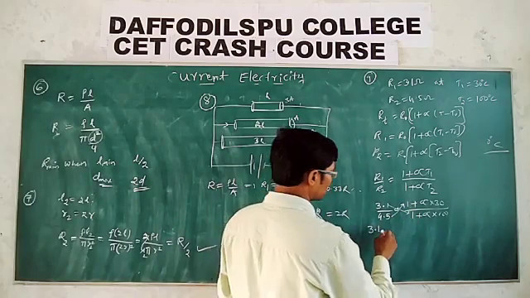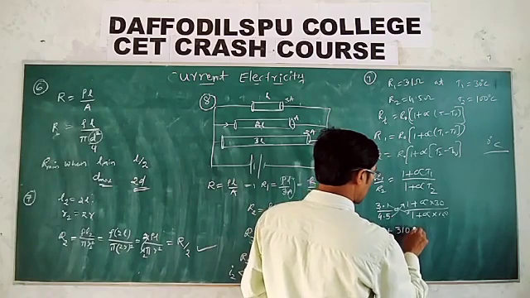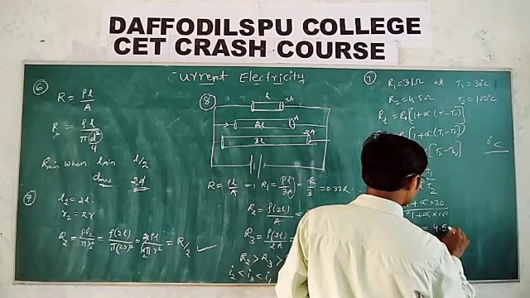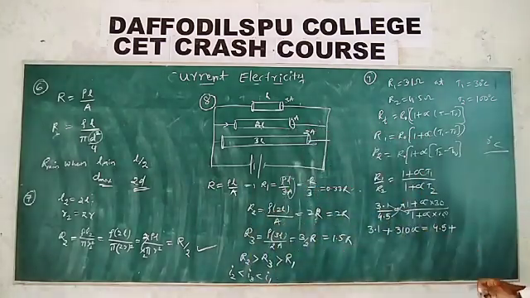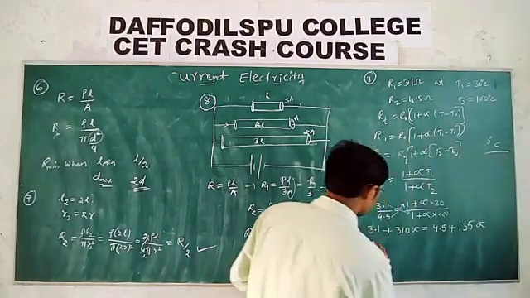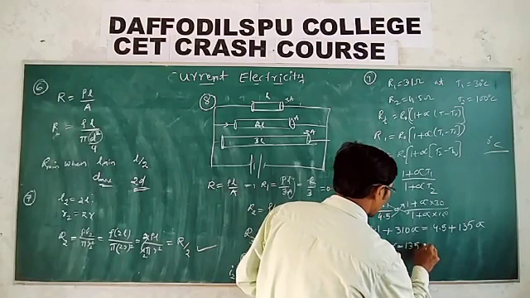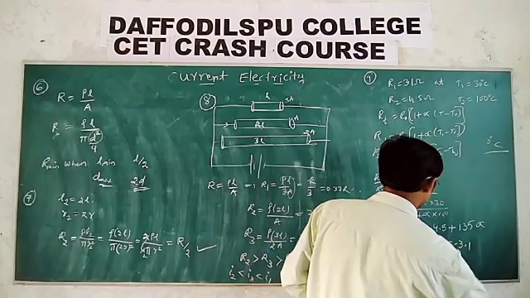3.1 into 1 plus 3.1 into 100 alpha, that is 310 alpha, is equal to 4.5 plus 4.5 into 30 alpha, that is 135 alpha. Bring this alpha to this side: 310 alpha minus 135 alpha is equal to 4.5 minus 3.1.